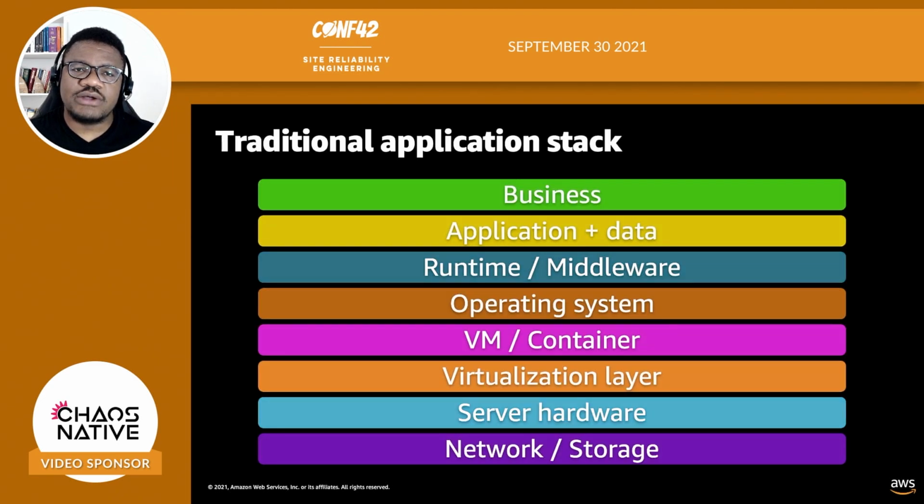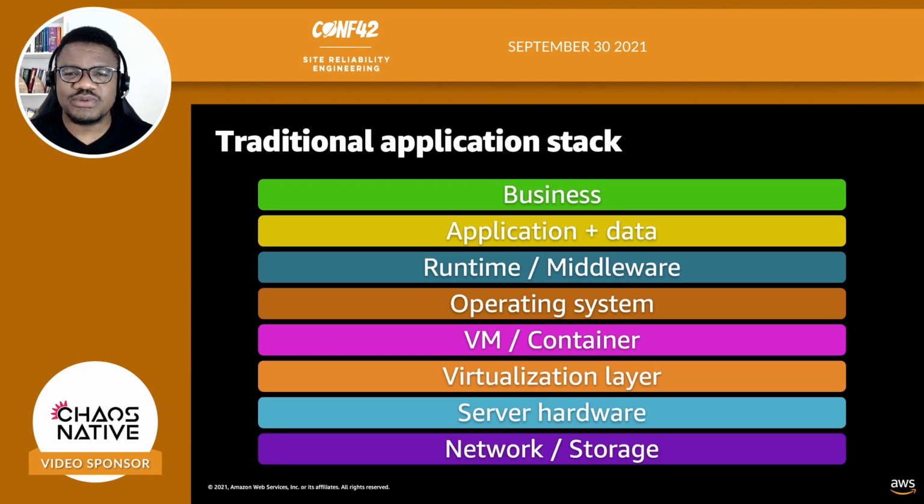If you think about your traditional application stack, maybe you have some workloads running on-prem. You typically have a number of layers, right? From networking and storage to the server hardware, to the operating system, to the virtualization software, right up to your application and data, and then your business logic. You also need to monitor all these various components.